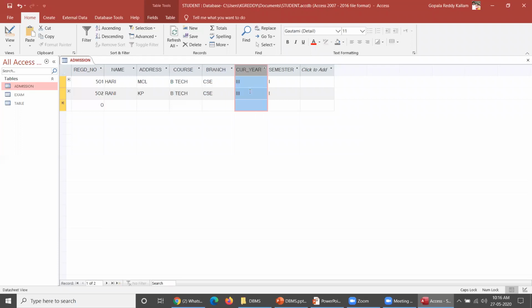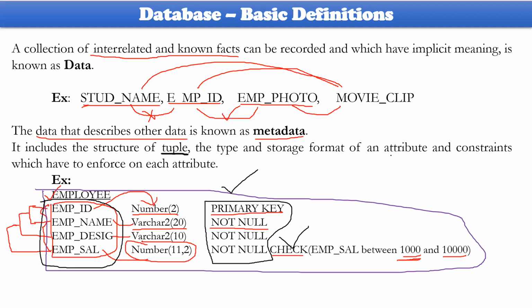What is the current year he is studying, what is the current semester he is studying. So each and every column defines one specific attribute, I mean, one particular property of that fellow. That is why such properties are called attributes.